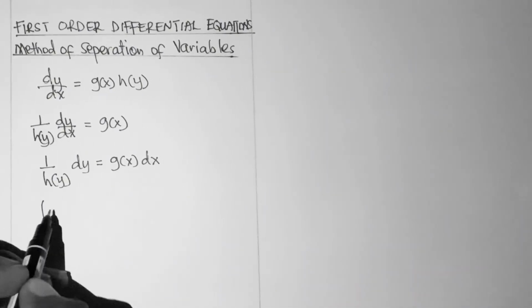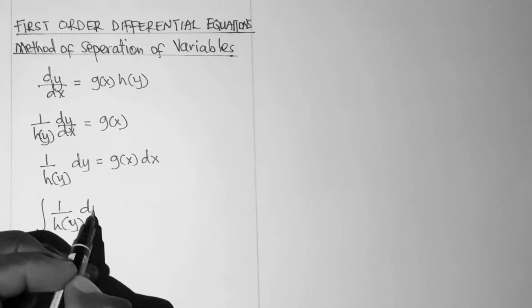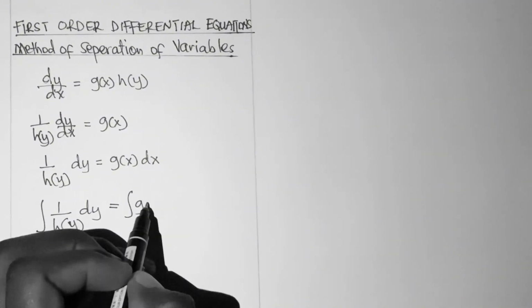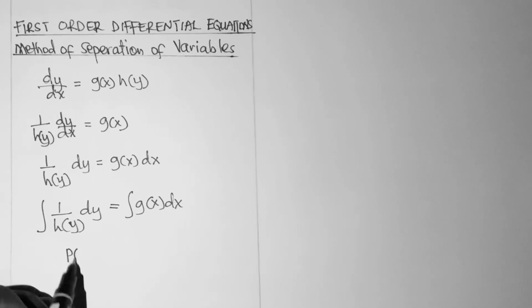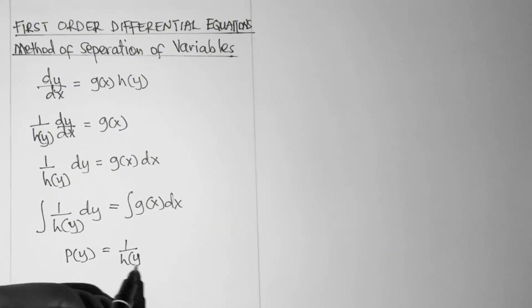So we can integrate 1 over h of y dy, and that is equal to the integral of g of x dx. Now let's let p of y be equal to 1 over h of y.